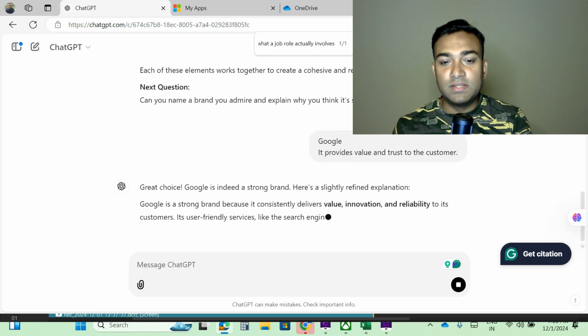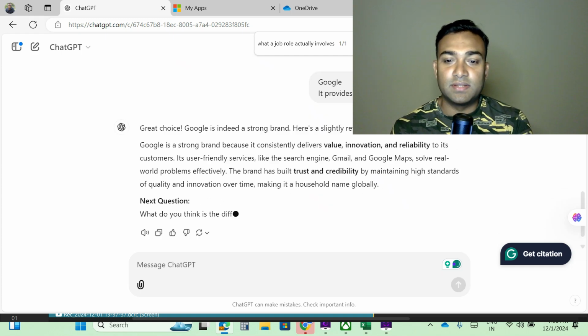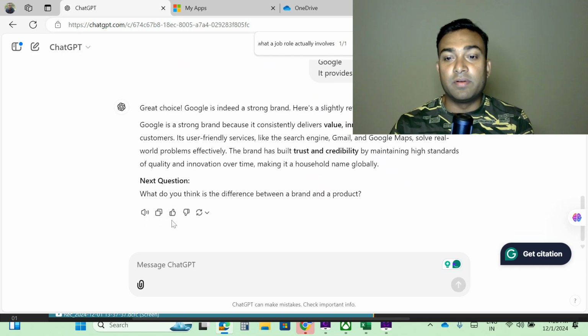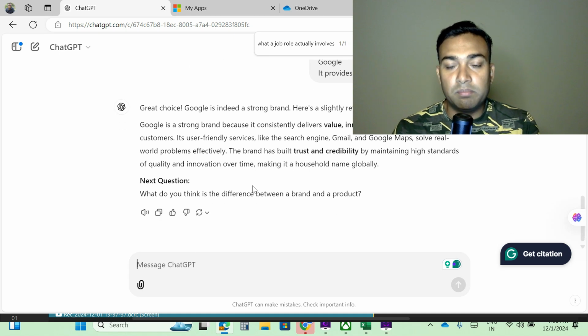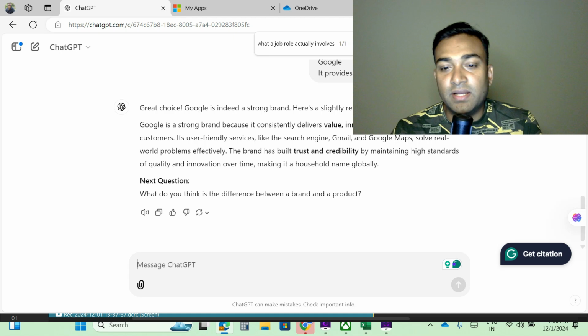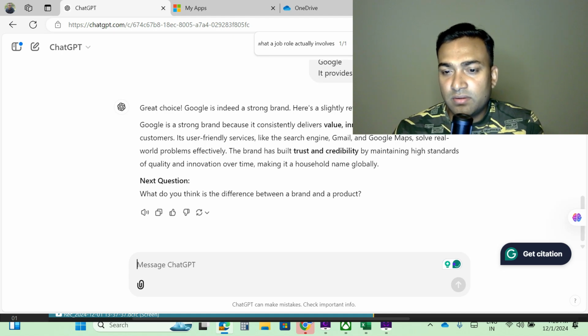Great choice. Google is indeed a strong brand. Here is a slightly refined explanation. So my answer is correct, but ChatGPT is giving me a better answer. Google is a strong brand because it consistently delivers value, innovation, and relatability to its customers.